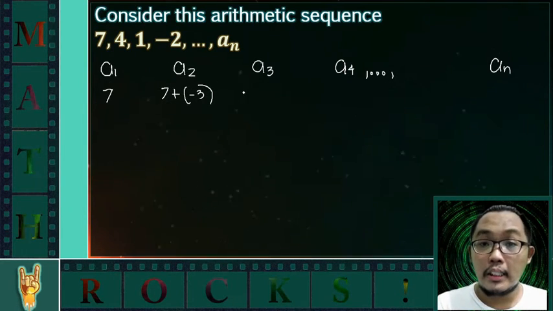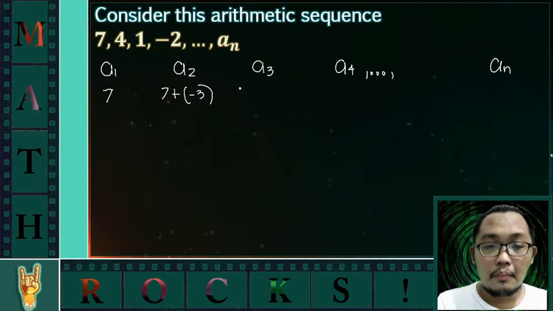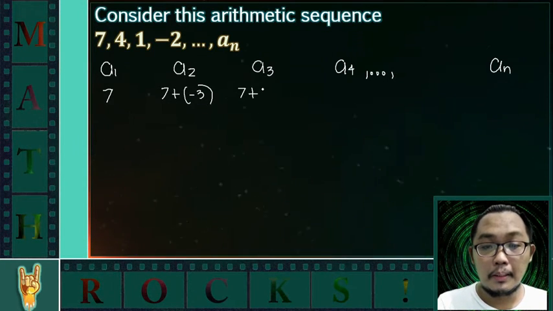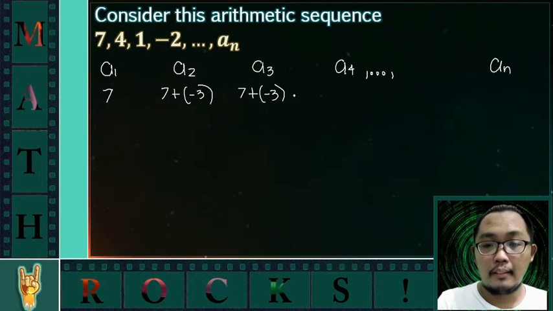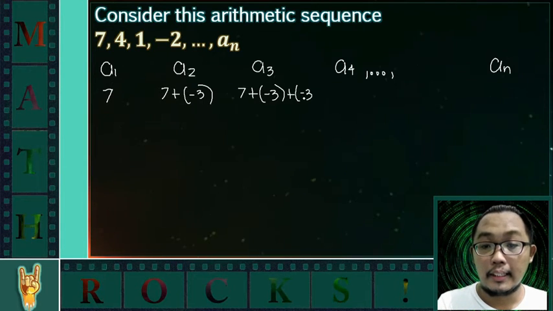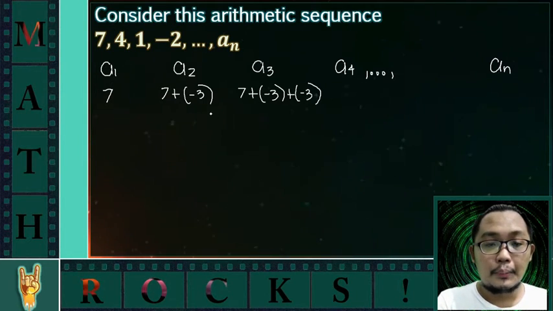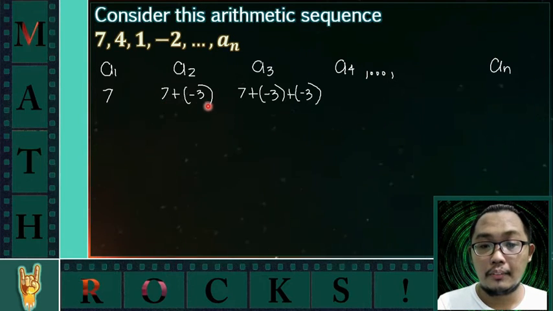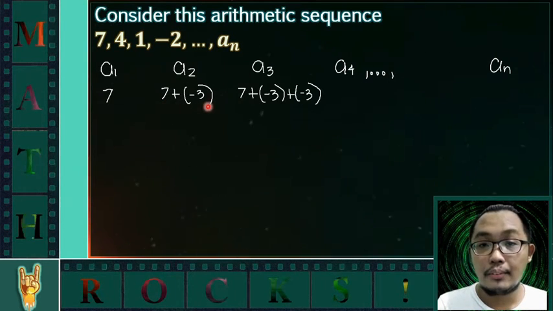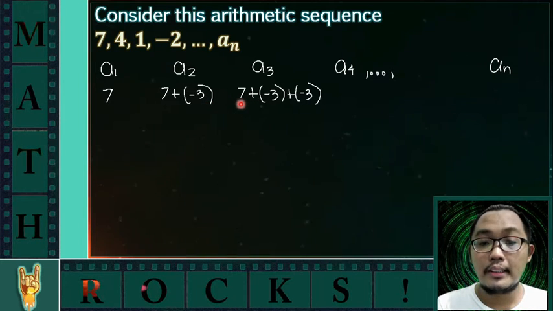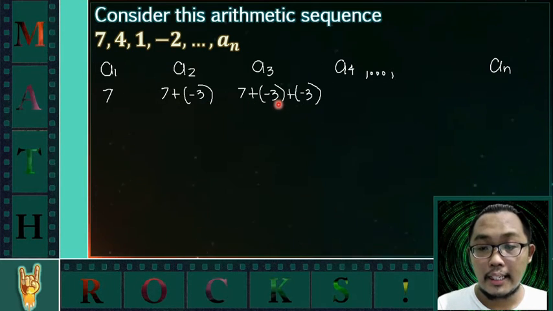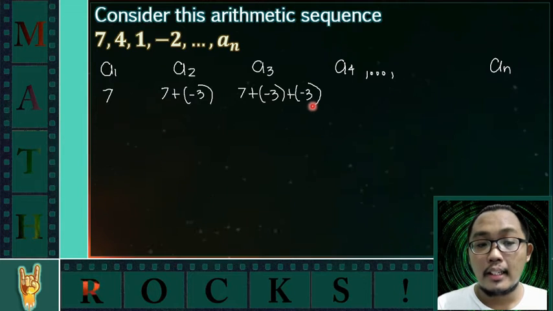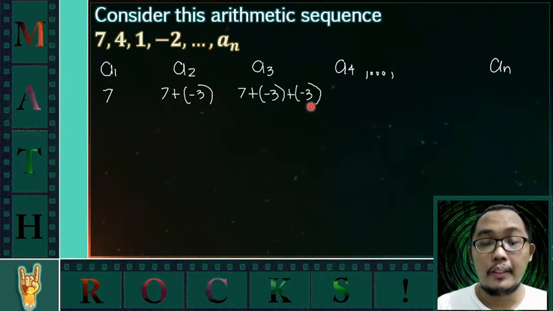On our third term, we will have 7 plus the negative 3 plus another negative 3. Remember that the expression for a sub 2 is actually 4, and adding another negative 3 gives us a positive 1.